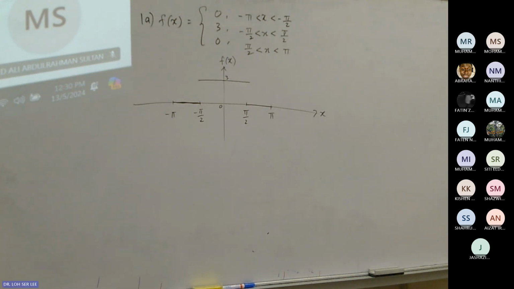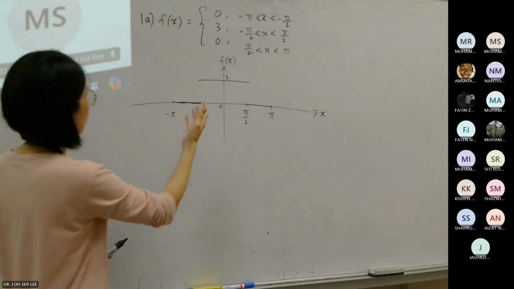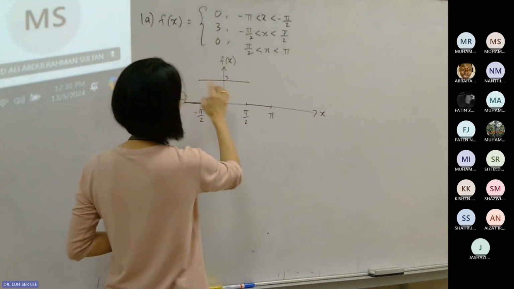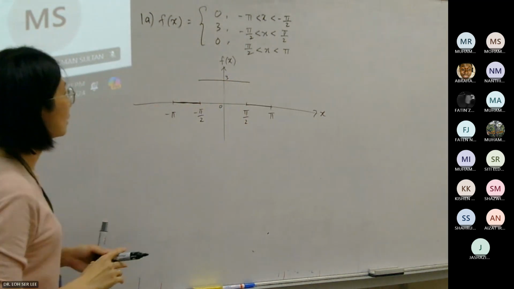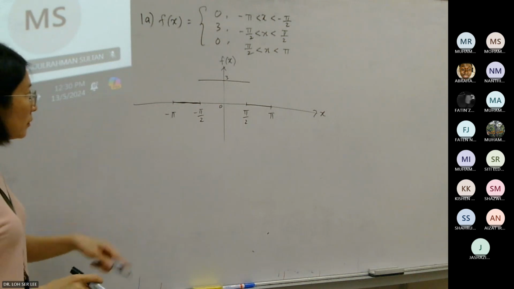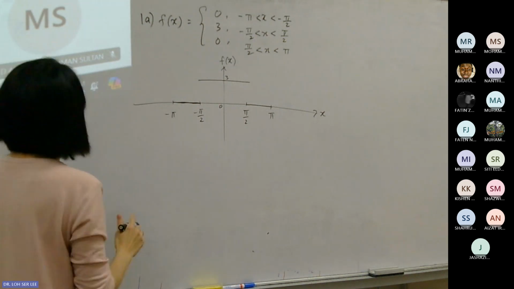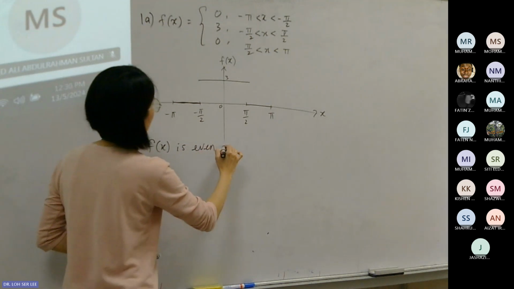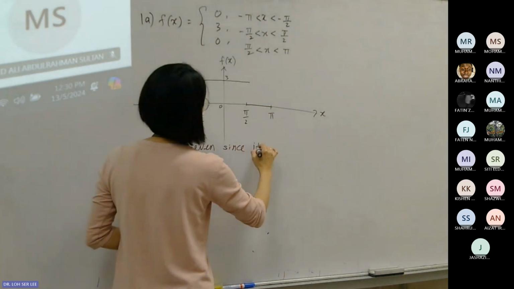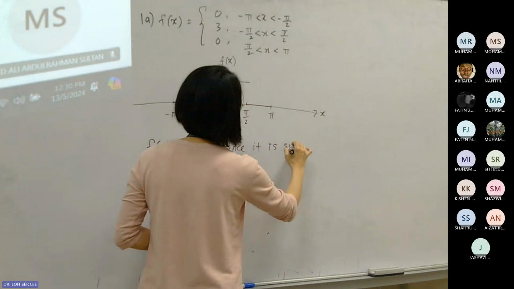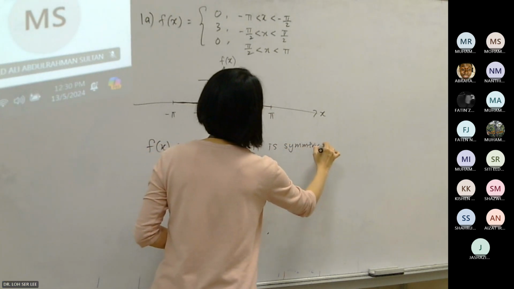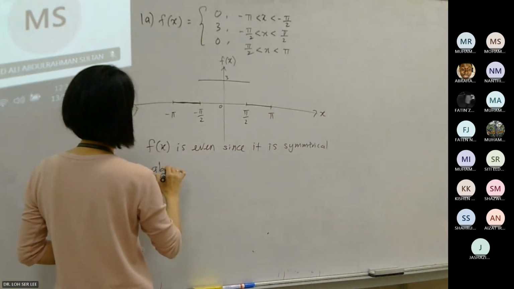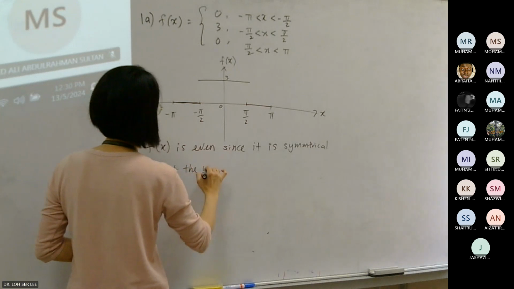f(x) is symmetrical about the y-axis, right? When this part is reflected, yes. So f(x) is even, which means it is symmetrical about the y-axis.